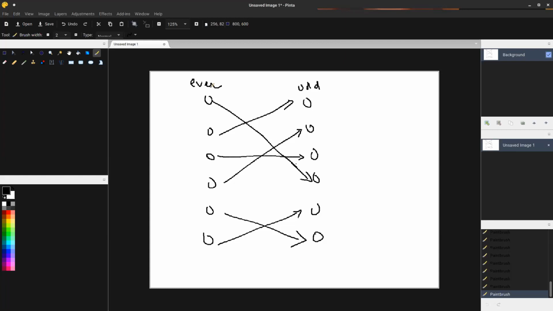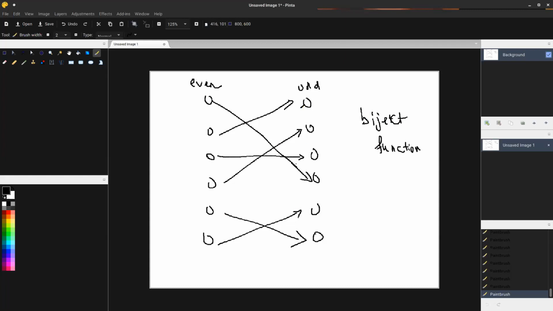So let's analyze this graph. The edges going from even to odd represent a bijective function. So that means that each node on the left connects to exactly one node on the right, and each node on the right is connected by exactly one node from the left.